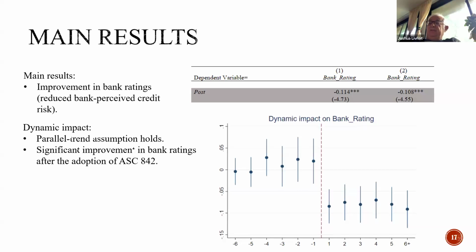If there are no differences, then you don't expect the standard to have any effect on the bank ranking. Yes, that's a very good suggestion, and I think we tried something. It's not incorporated in the current draft of the paper yet, but definitely we will do that in the next revision.